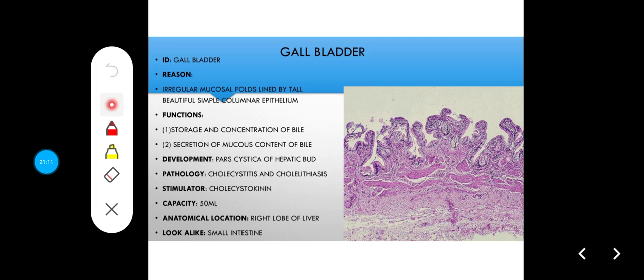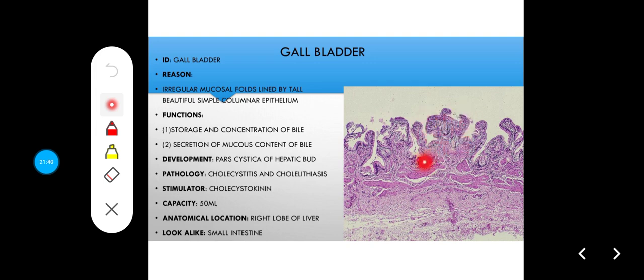The gallbladder looks kind of like the small intestine, but the differences are many. The first difference is the mucosal fold. The mucosal folds in the gallbladder are so irregular, and you can't find the finger-like projections. Remember the villi in the small intestine. If you haven't seen how the villi look, I recommend you go back and watch our earlier videos on the small intestine.